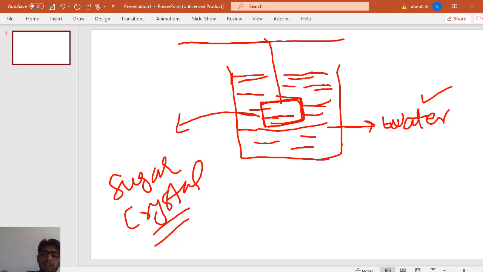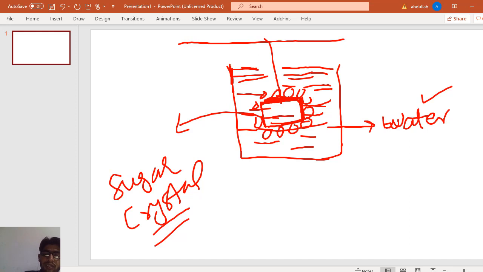Now we know that the concentration of sugar near the crystal will be high, and the concentration of sugar at the bottom and at the top will be small as compared to the concentration near the crystal. So the sugar will dissolve in the water. Its solubility will be very high near the sugar crystal, so the sugar concentration will be very high at this place.